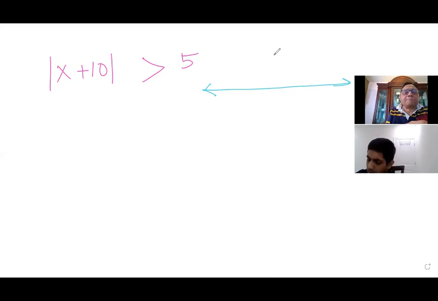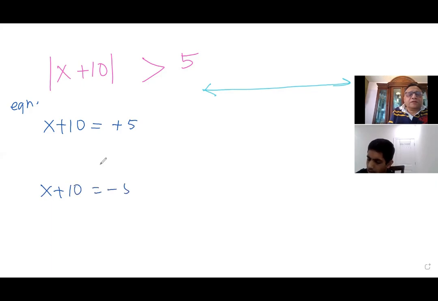So you get x plus 10 is equal to negative 5, and x plus 10 is equal to 5. You are right. And then you solve, so you get x equals negative 15 and x equals negative 5. Correct.